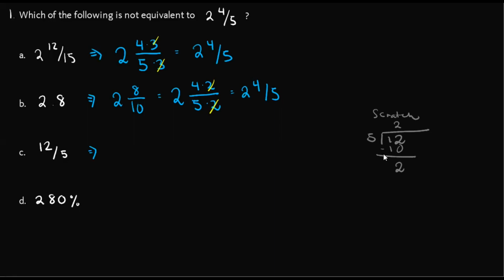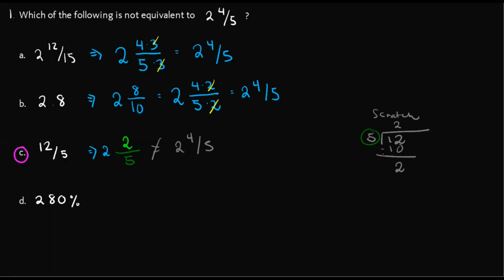So, given this, we know that this one is 2 from out here, this one is 2 from out here, and this one is over 5. So, clearly, this one is not equal to 2 and 4 over 5. So, this is correct. This is one of the answers that we need. So let's circle that one out.